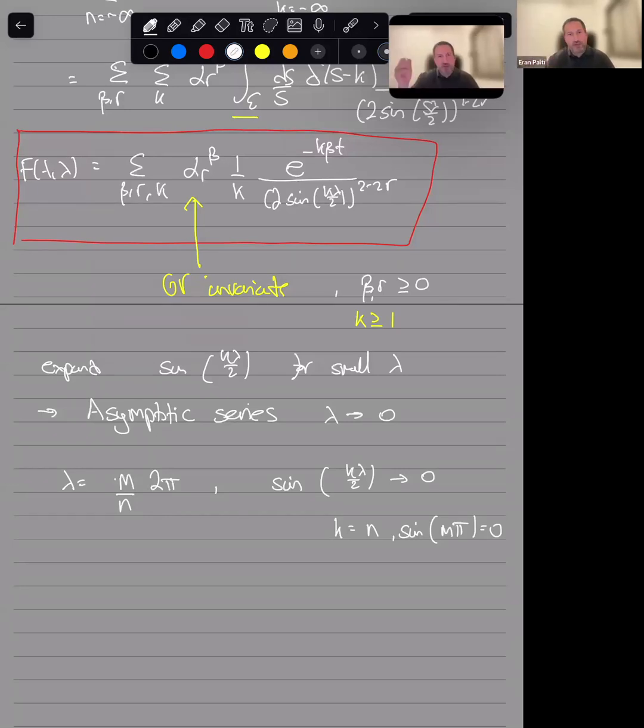There are people who study this series, and there are various problems with it. I think in general it's considered only as an asymptotic series, this expression.